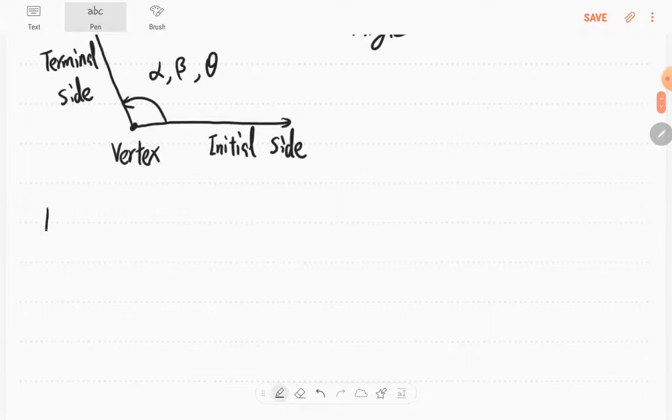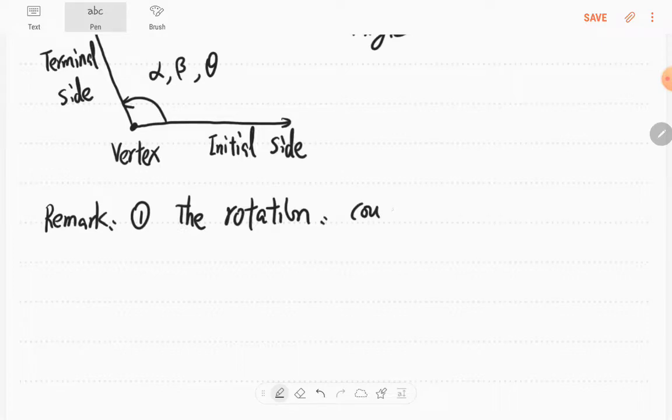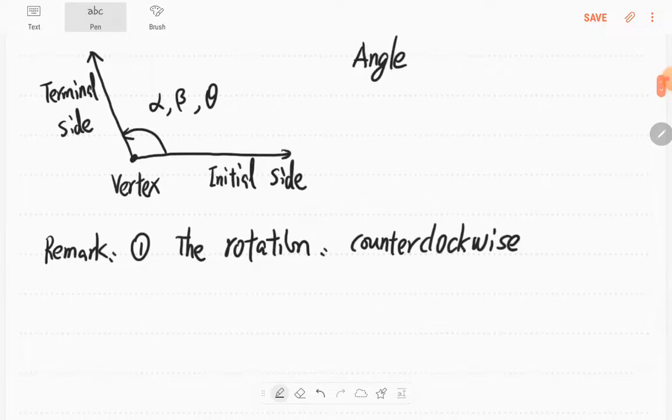So here are some remarks. The first one: if the rotation is counterclockwise, then by convention the angle formed by this counterclockwise rotation is positive.